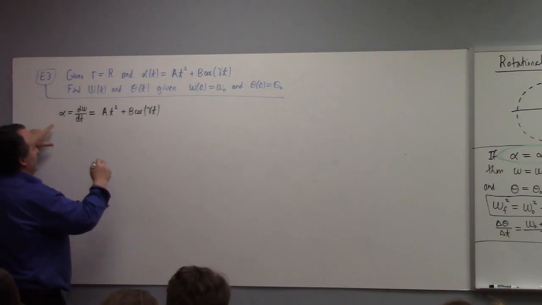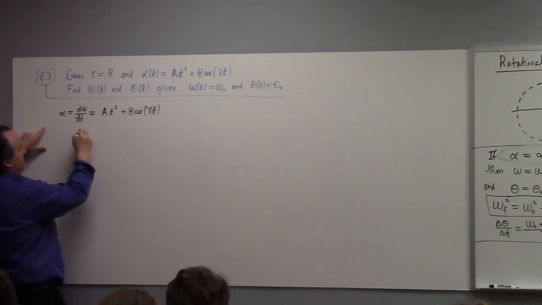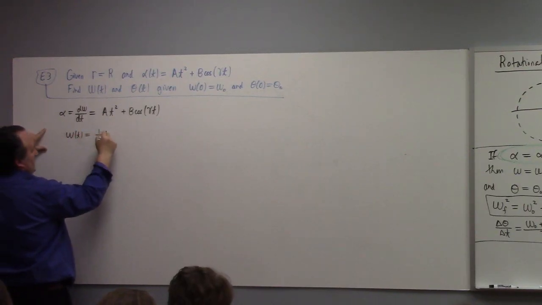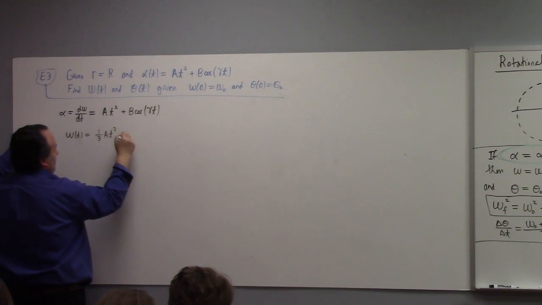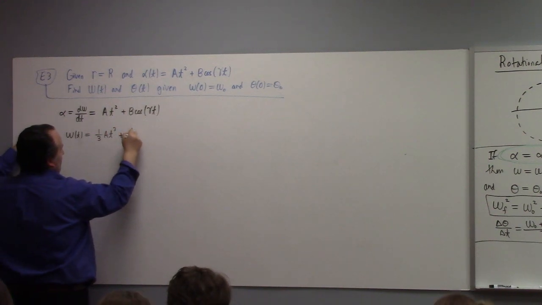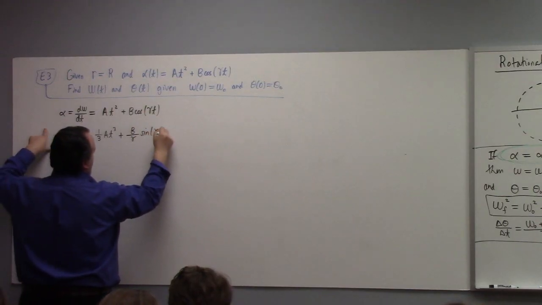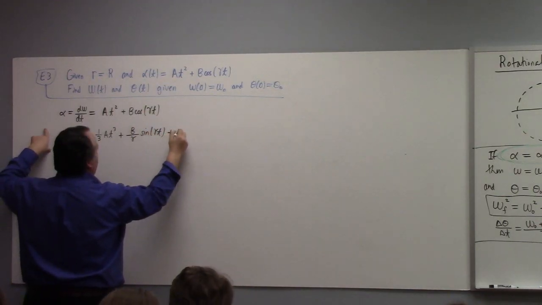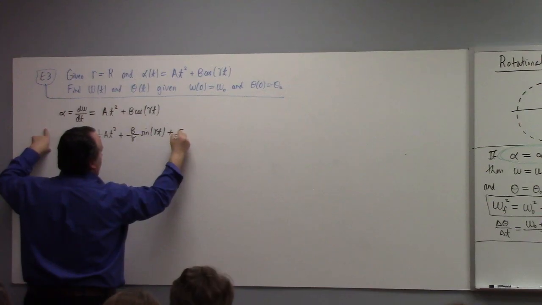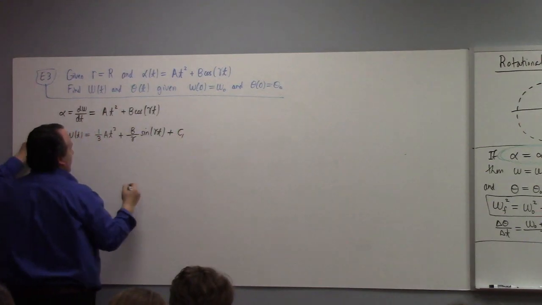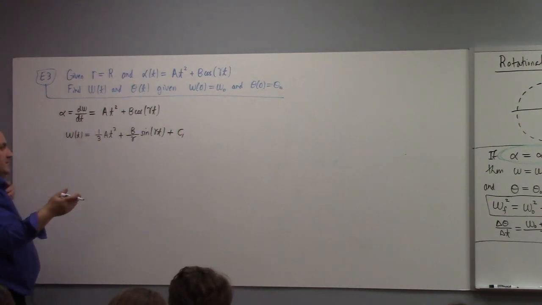So integrating this gives me what? Omega of t is equal to 1/3 a t cubed plus b over gamma sine gamma t plus some constant, right? I'll call that C1.